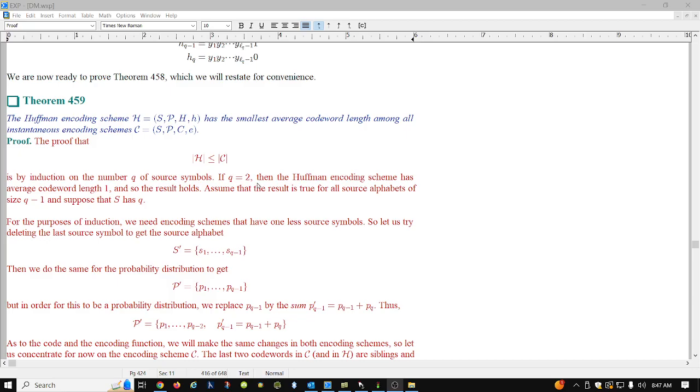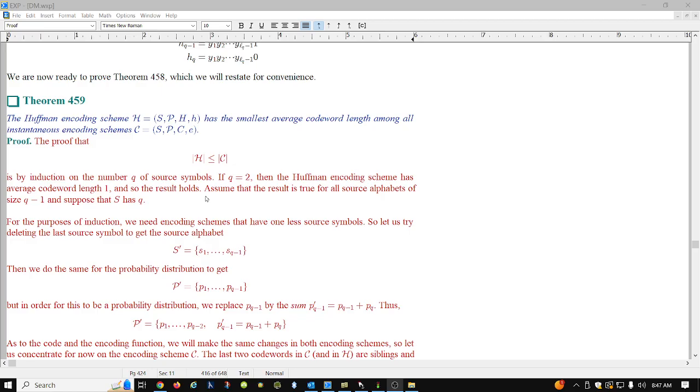Now for Q equals 2, the Huffman encoding scheme has average code word length 1. We just have two code words, 0 and 1, and we can't get any smaller than that, so the result is true for Q equals 2. That's our basis step.